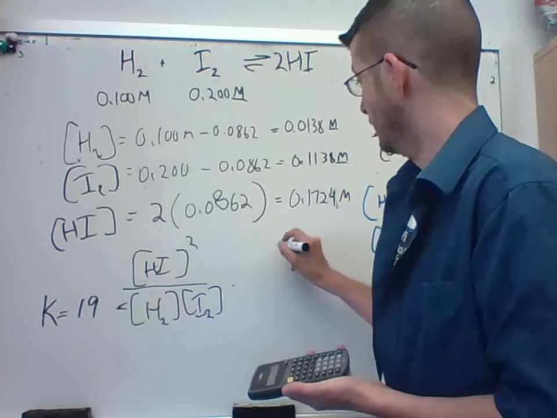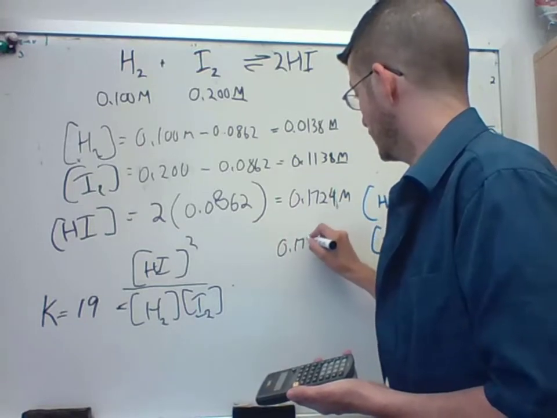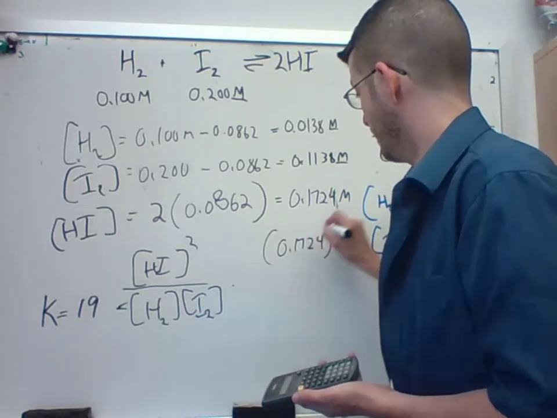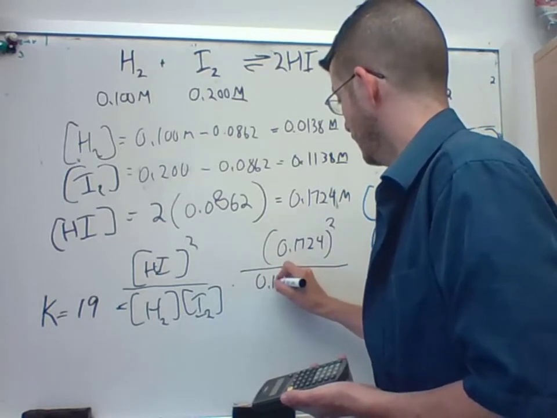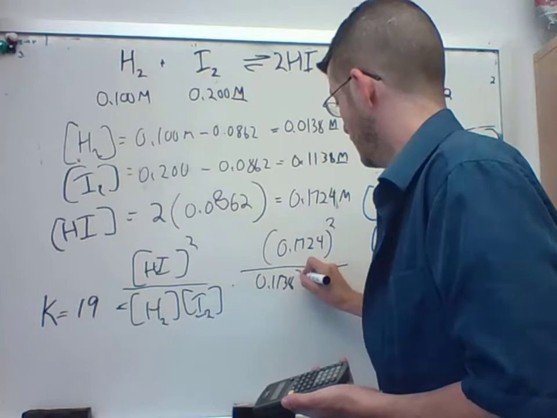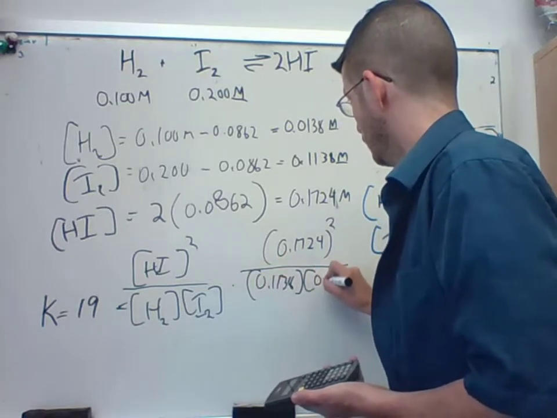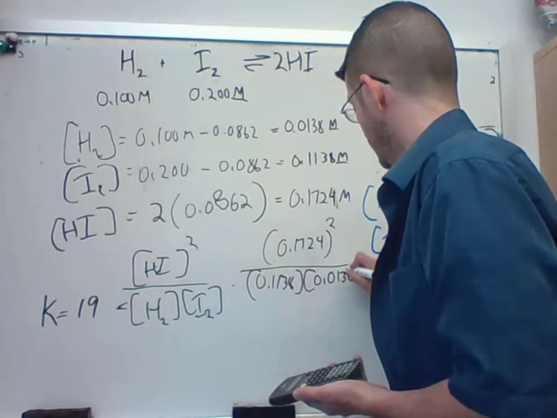So let's test it. 0.1724 squared divided by 0.1138 and 0.0138.